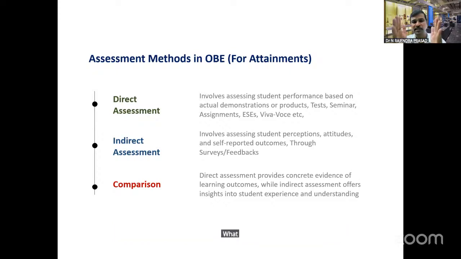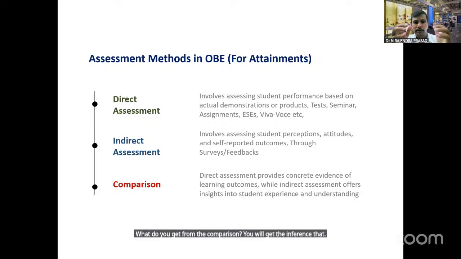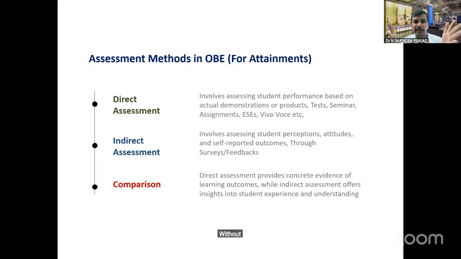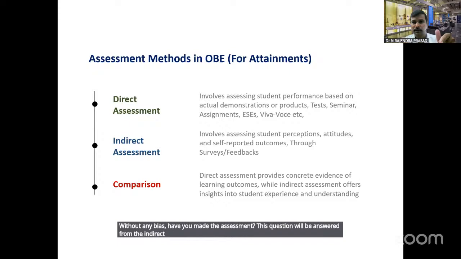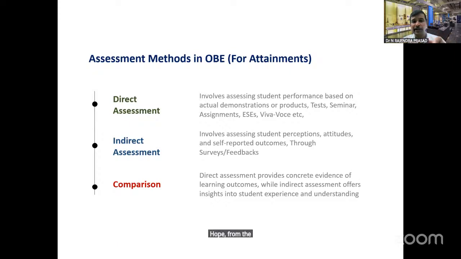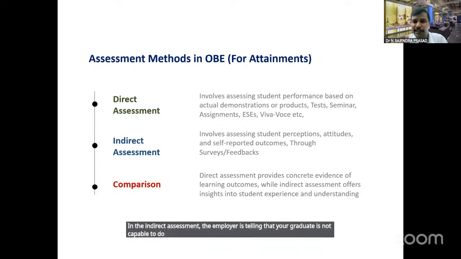What do you get from the comparison? You will get the inference whether the specific reason has been evolved or not from the direct assessment. Without any bias, have you made the assessment? This question will be answered from the indirect assessment. How? From the direct assessment, the student has scored 99%. In the indirect assessment, the employer is telling that your graduate is not capable of doing even a simple thing in the laboratory.